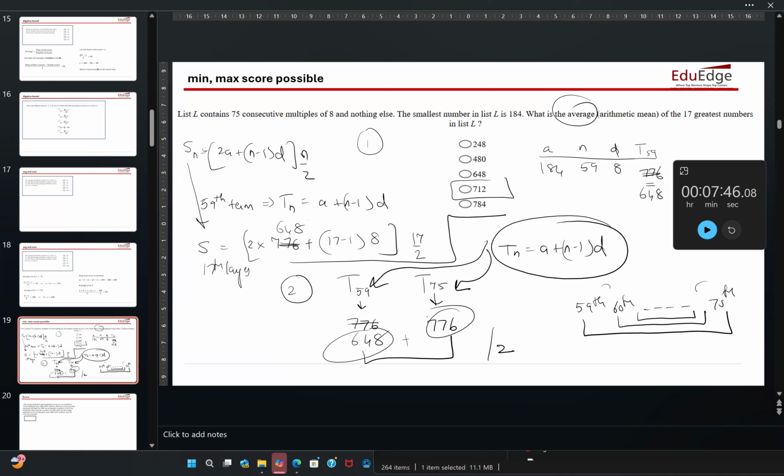And this formula is also the same thing. This is 2a plus n minus 1 d, right? This is the first term, this is the last term, and then you're dividing by 2. Because d is the same. So you took the 59th term, the 75th term, and then took an average, right? Same. Correct.